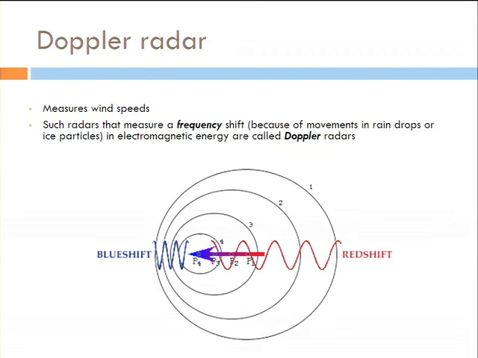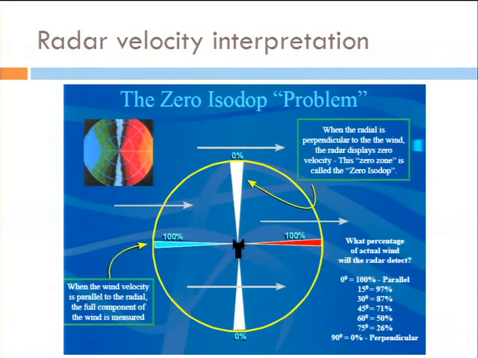That's the only thing it can distinguish. And so we can actually tell which way the wind is blowing by kind of inferring what's going on.